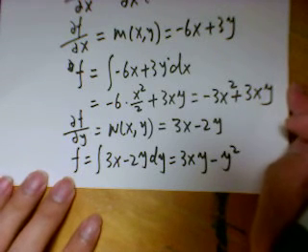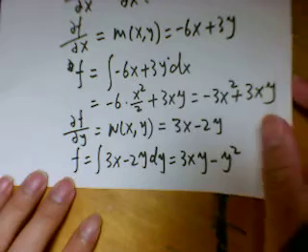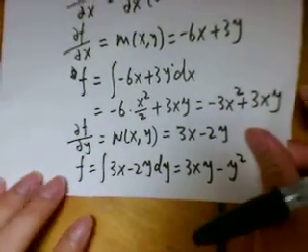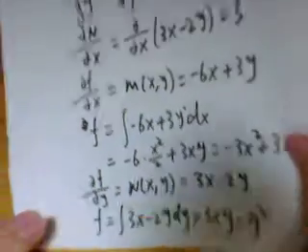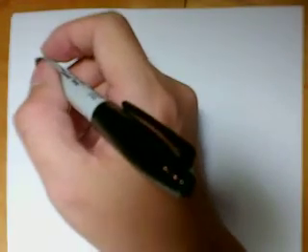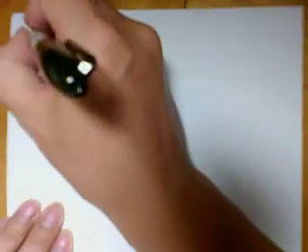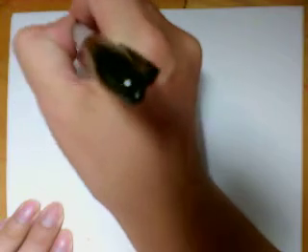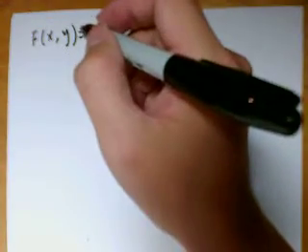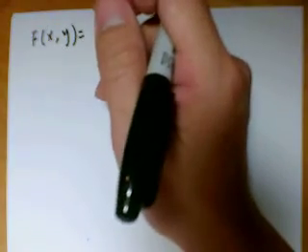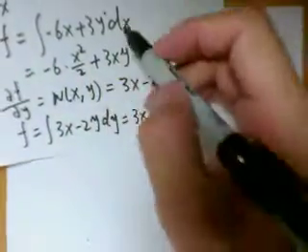Now, the solution for this ODE is gonna be what? We're gonna combine these terms. The first term we're gonna pick is negative 3x squared, right?